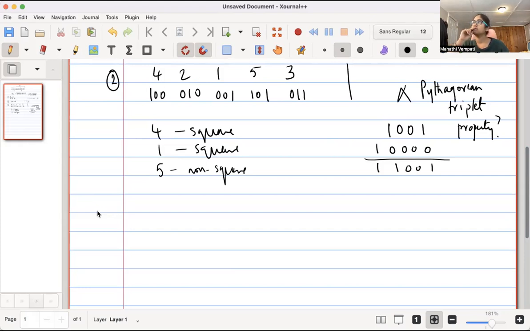Is there any characterization for XOR? As in, how the XOR of a square might look. I mean, sorry, how the binary representation of a square would look.